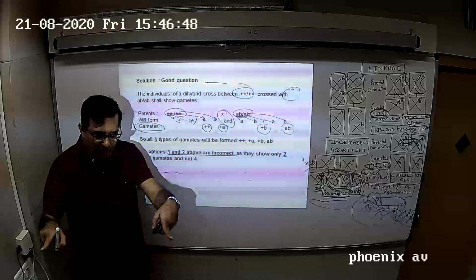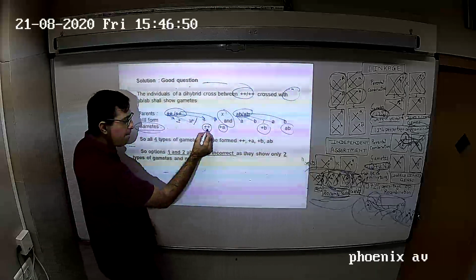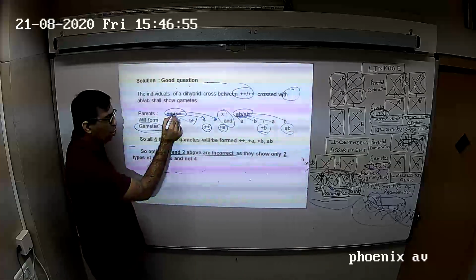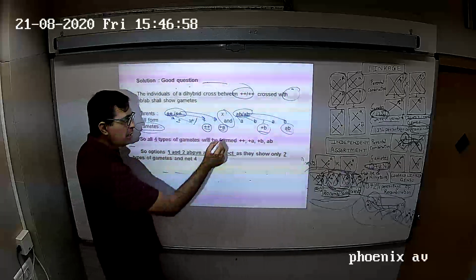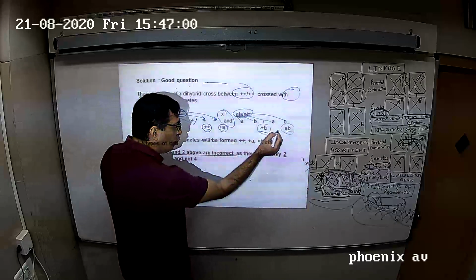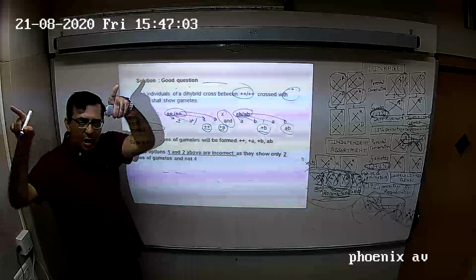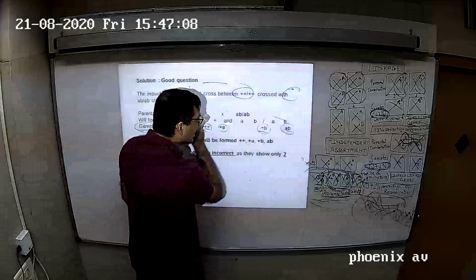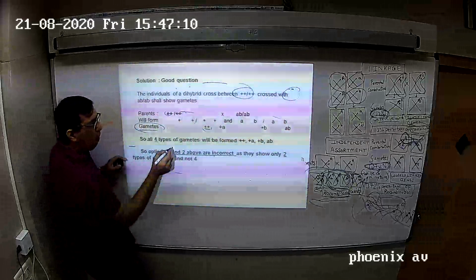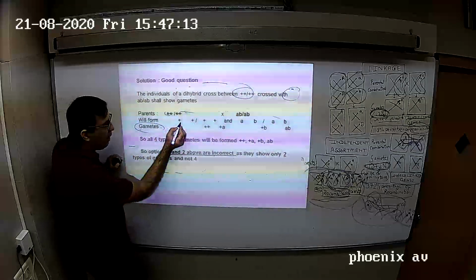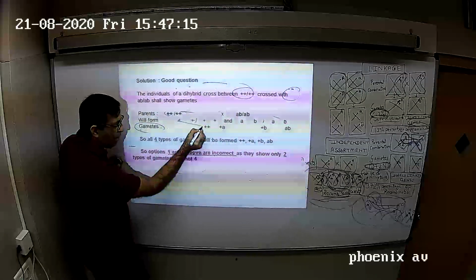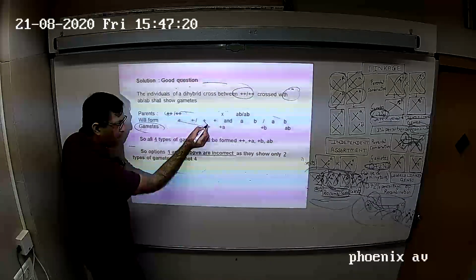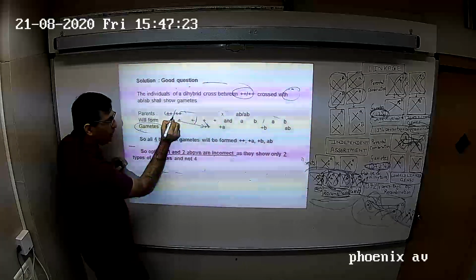So when gametes are formed, what will they become? Instead of 4 gametes, there are 2 gametes. So what has the parent become? Gametes. What will be the possible combinations of gametes? One plus from the plus plus will go and one plus from the plus plus will go.